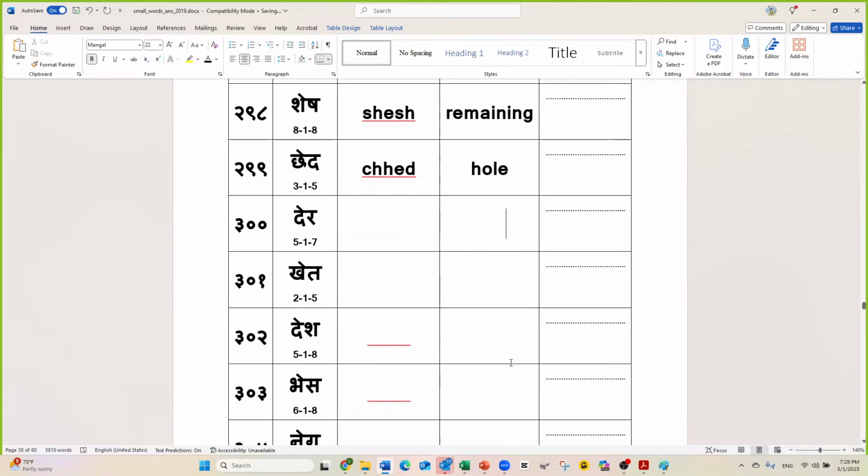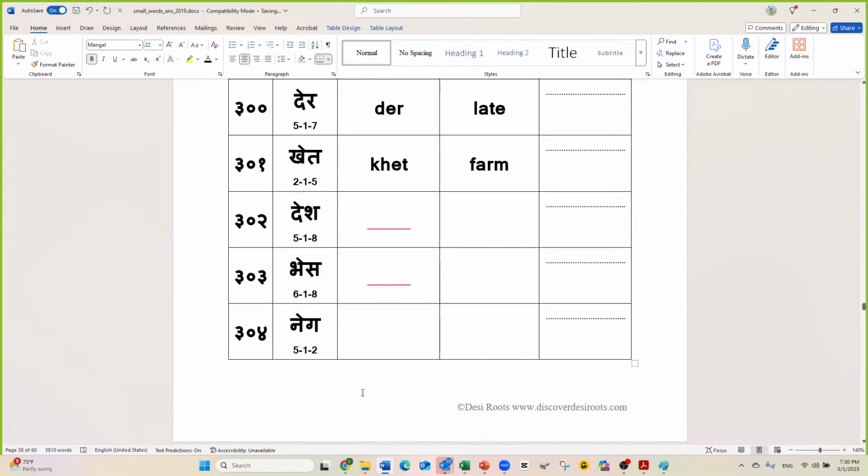Kavina, give me the next word. Der. Der is late. Okay, Anisha, give me the next word. Khet. Khet is a farm. Okay, Kavina, give me the next word.